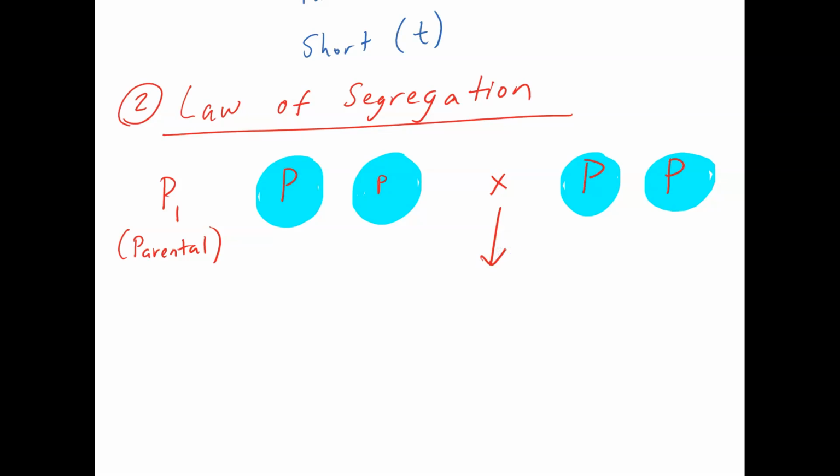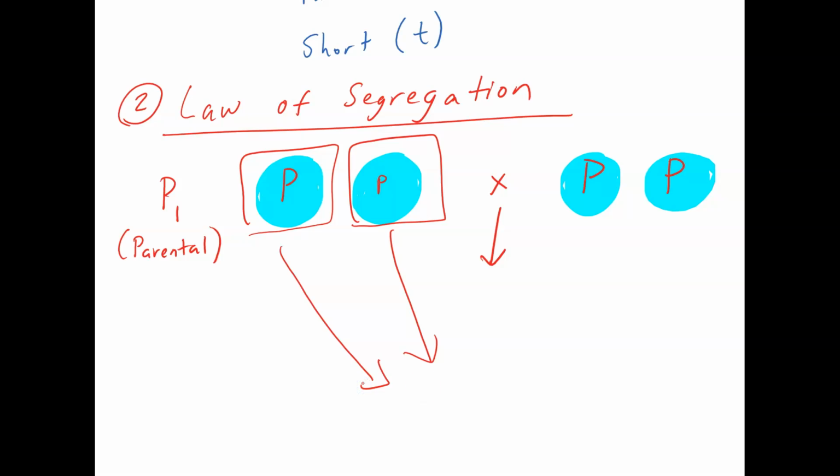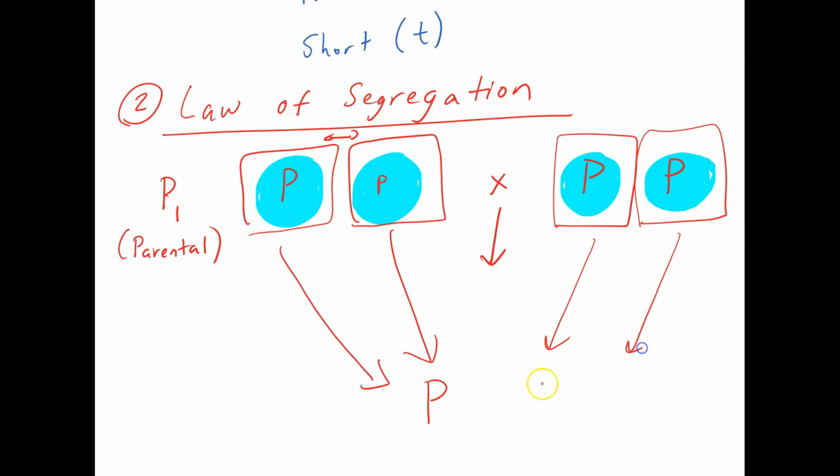We do this cross, but what the law of segregation is saying is that this allele is going to segregate or separate from the other, and only one is going to be passed on. They are going to segregate from each other. This is the specific definition, and that's a review of your law of segregation.